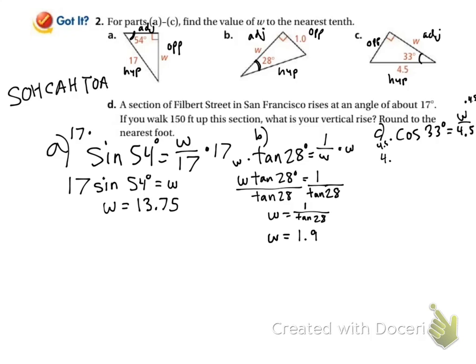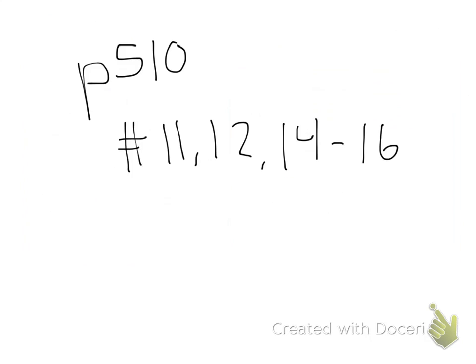So I get 4.5 cosine of 33 equals W. And when I do that on my calculator, cosine of 33 times 4.5, I get that W is equal to 3.8 about. And there's your homework.